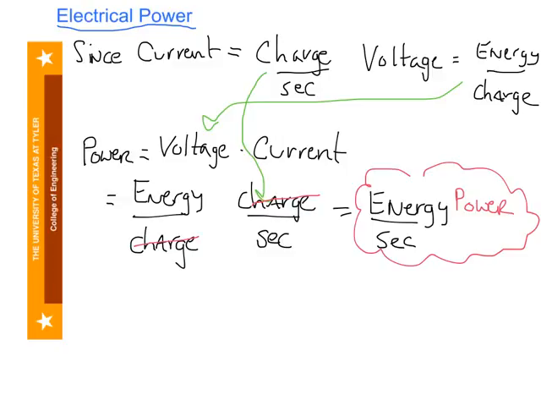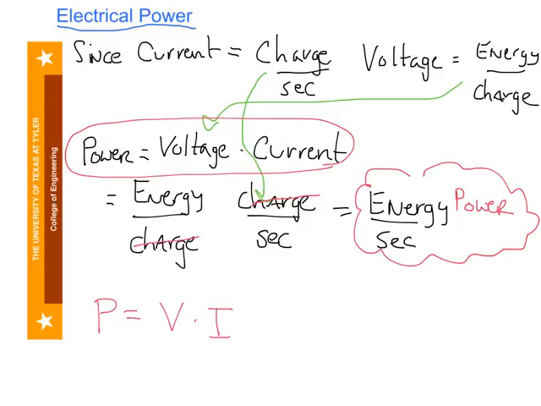And just so everybody's clear, a lot of times we'll write this equation as P equals V times I, or just P equals VI. And for some reason, I is the abbreviation for current. It's lost to me, but there it is. So again, power is the voltage times the current. That gives us power.